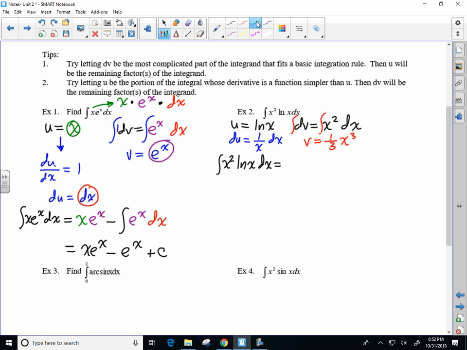uv, no, actually, at this moment, I think it turns out that this was the correct substitution. So, hold on, let me just, I think I might have been thinking of a different problem. It might be number 3. So anyway, uv, well, I wrote vu, but it means the same thing, minus the integral of v du.